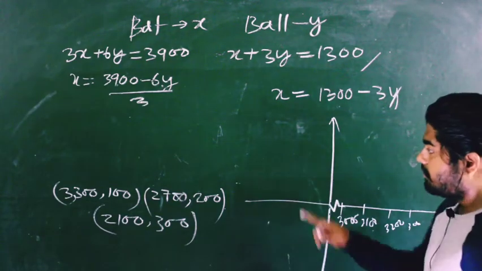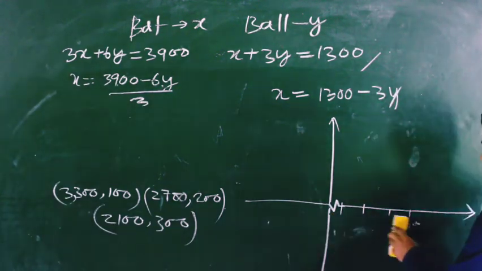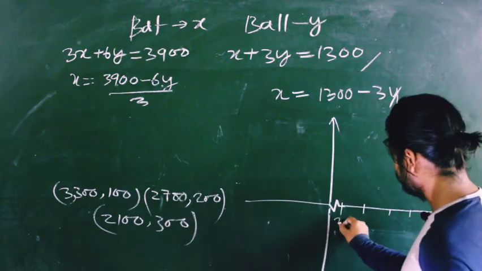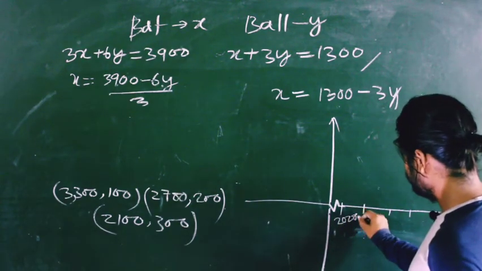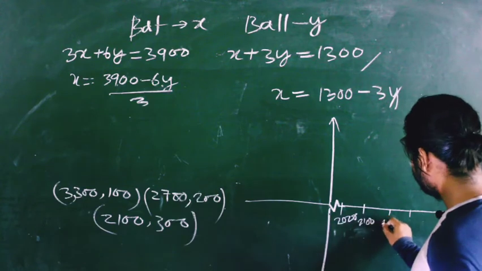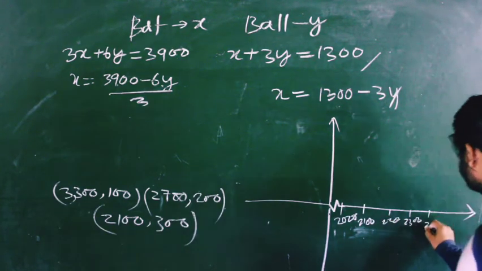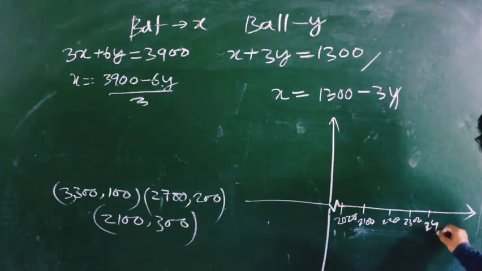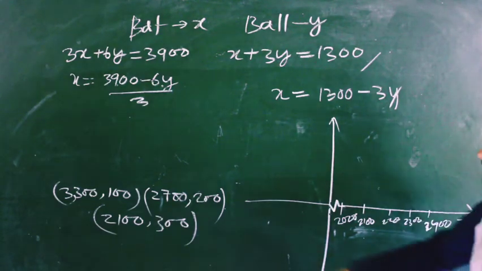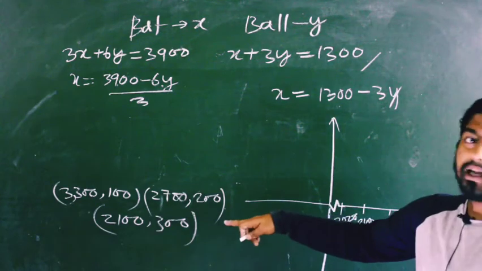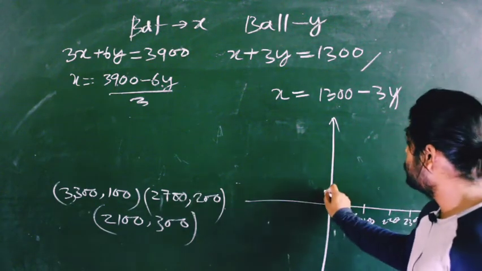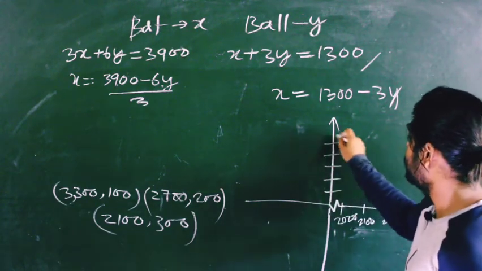Oh, sorry, we have low numbers now there. So let's say 2000, 2100, 2200, 2300, 2400, and so on. Here we have 100, 200, 300, so we can go easily 100, 200, 300, 400, 500, 600.